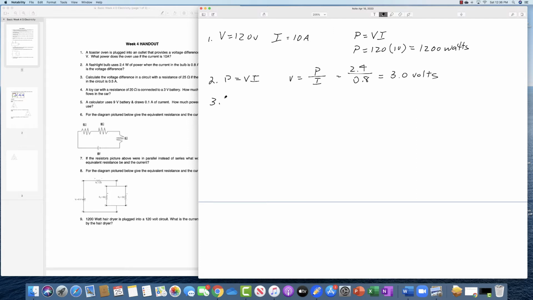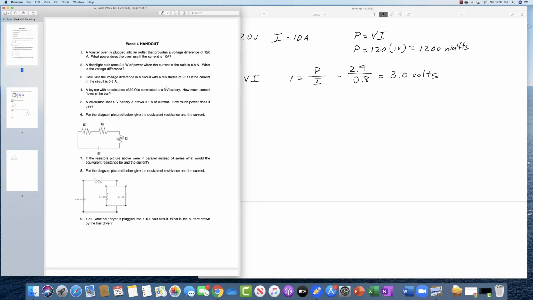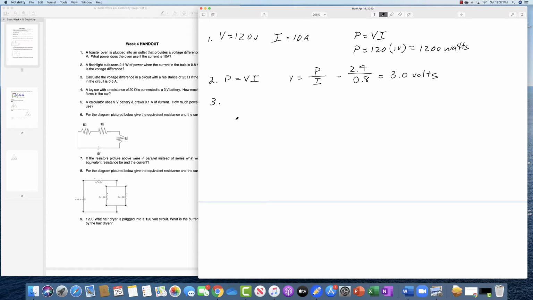Number 3. Calculate the voltage difference in a circuit with a resistance of 25 ohms if the current is 0.5. Now, to do this problem, we have to use Ohm's law. And Ohm's law states that the voltage is equal to the amperage times the resistance.